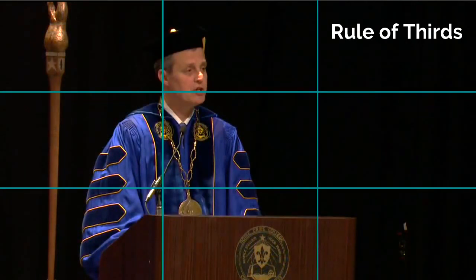So some studies have actually shown that if something is perfectly centered in a shot, weirdly enough, people are going to draw their eyes to these intersection points right here, if that makes sense. So you're going to want to put points of interest around these dots, and make sure things line up vertically and horizontally with these vertical and horizontal bars right here. So that's kind of what the rule of thirds is.